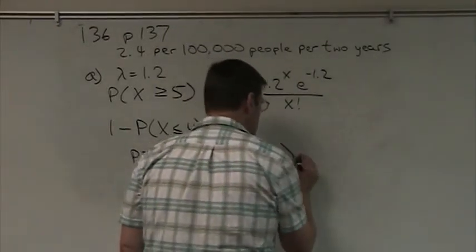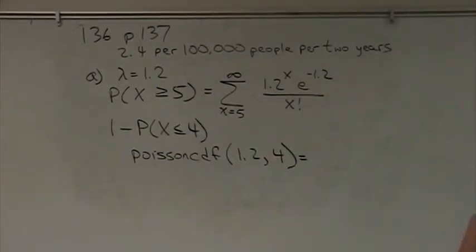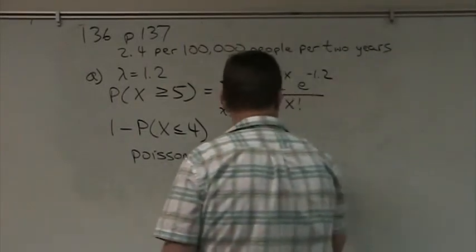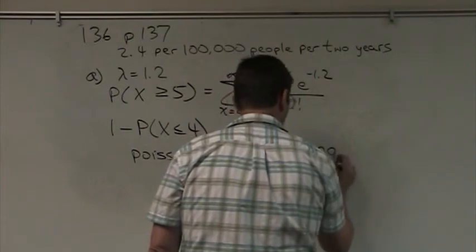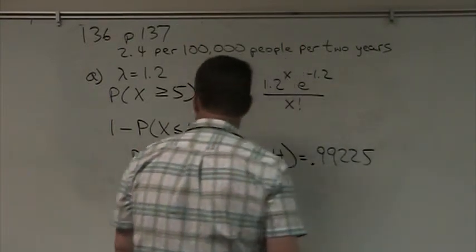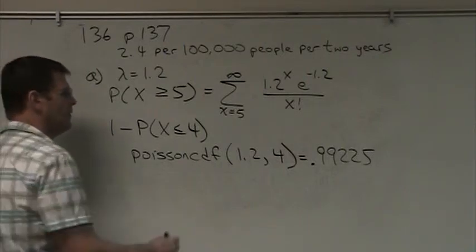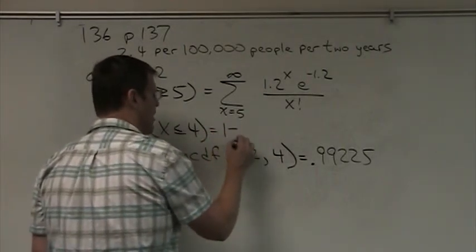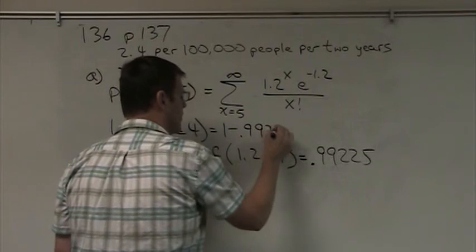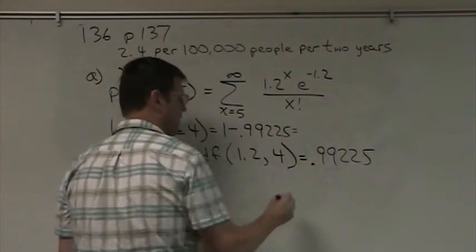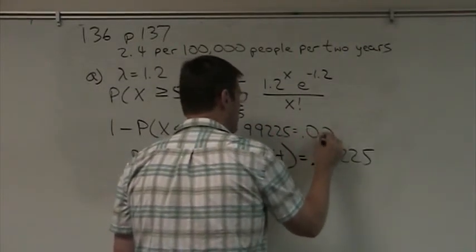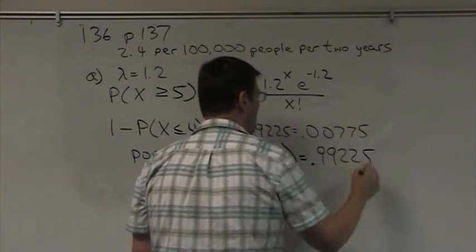This will give you 0.99225. So the probability that we want is 1 minus that, and that's going to be equal to 0.00775.